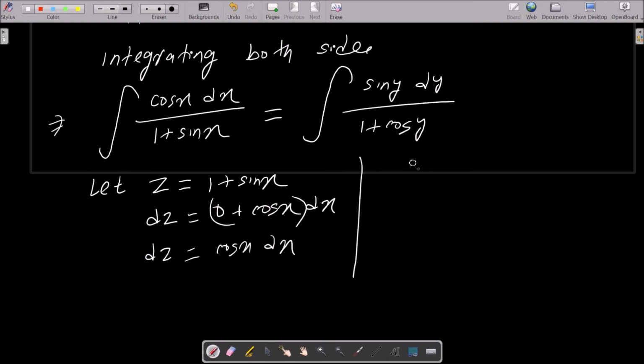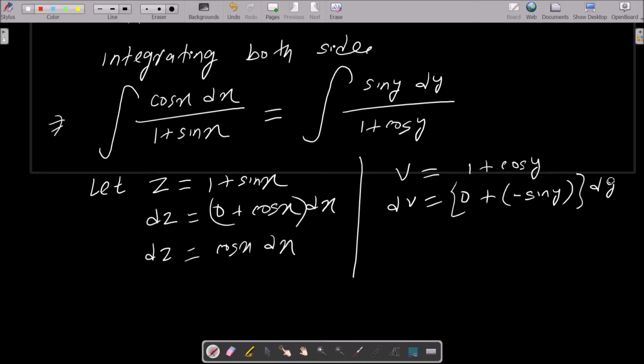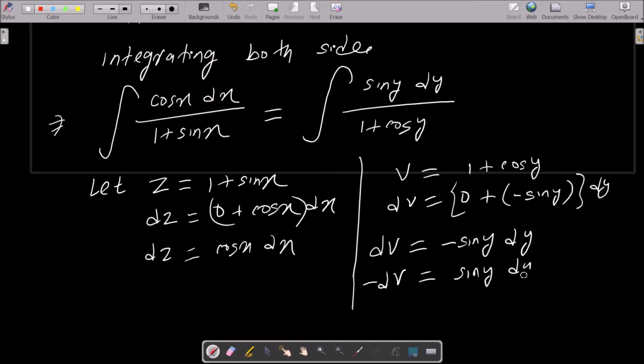And for this one we need to assume, since z is already used, let's assume v equal to 1 plus cos y. Then dv equals the differentiation of 1 which is 0, then the differentiation of cos which is minus sin y, dy. So minus dv equals sin y dy.